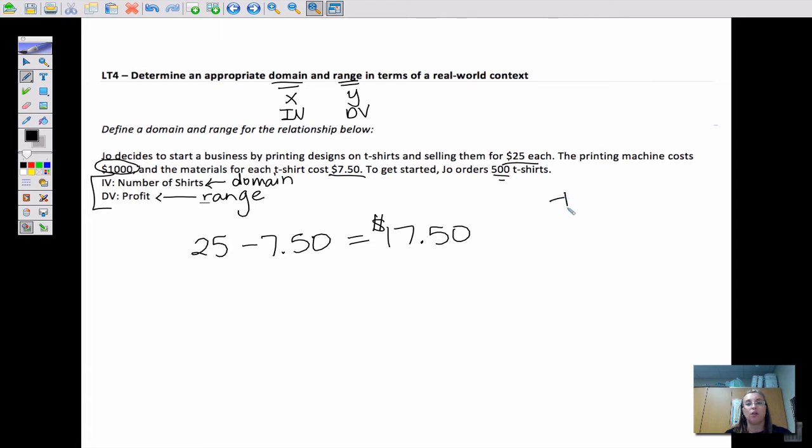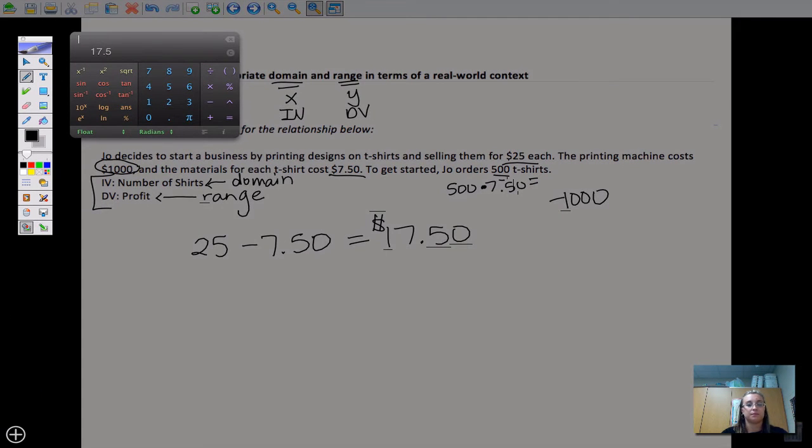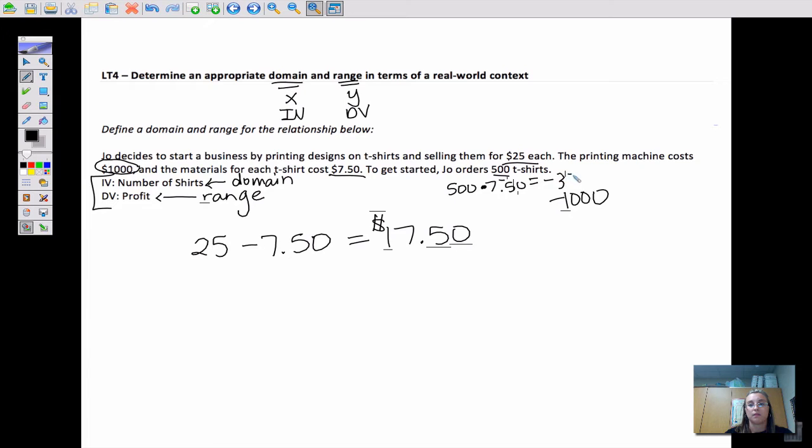So he's starting in the hole $1,000, as well as 500 t-shirts times the $7.50 that they cost each. Okay? So let's go ahead and calculate that out. $3,750. Add those together, and he starts off already $4,750 in the hole.